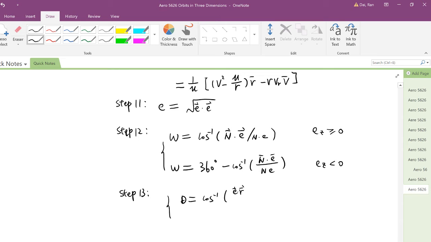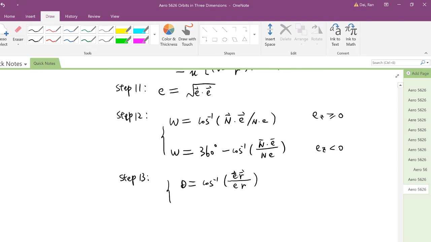So the E here is along the line from the center to the periapsis, and then from this line to the R vector, we find the angle between them using the dot product.